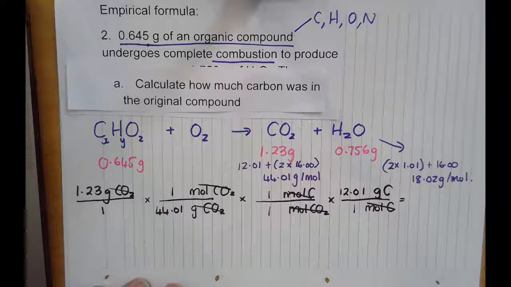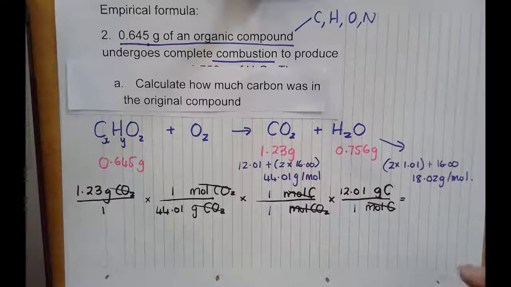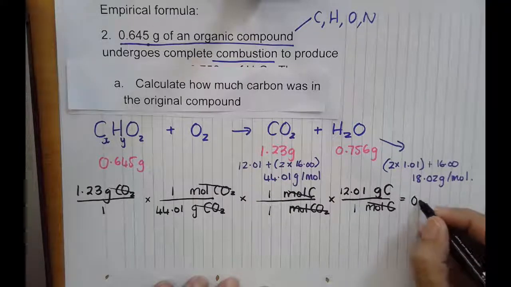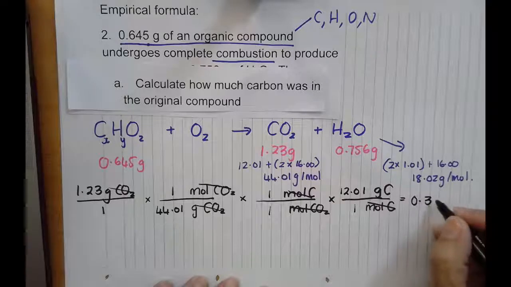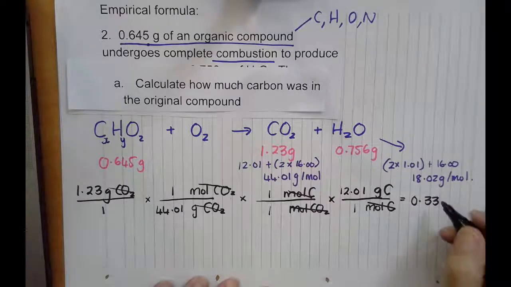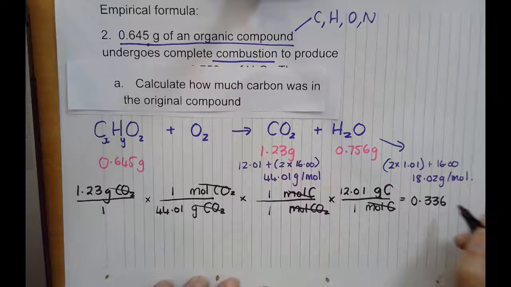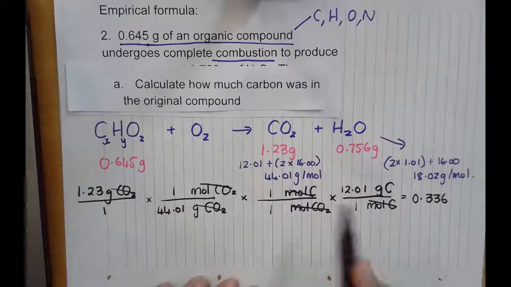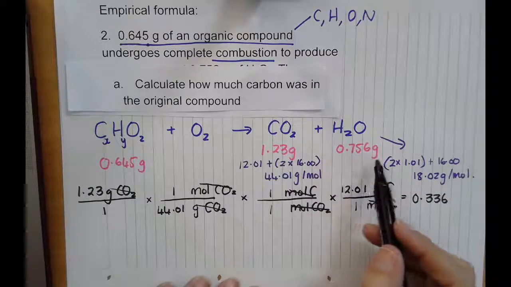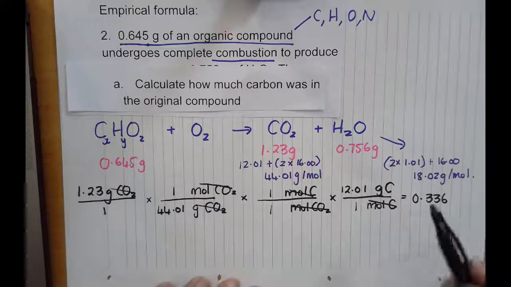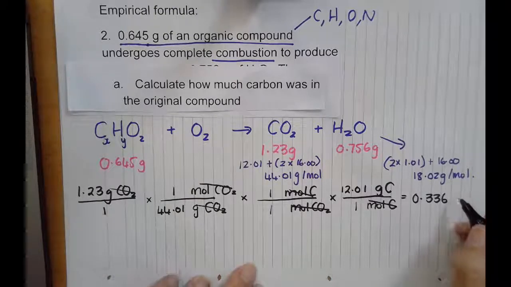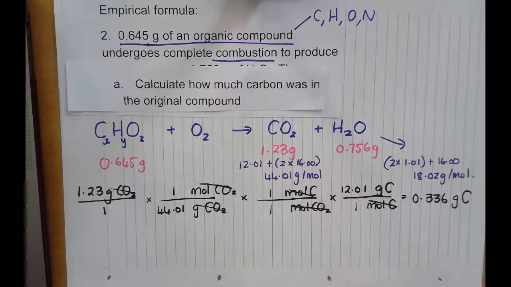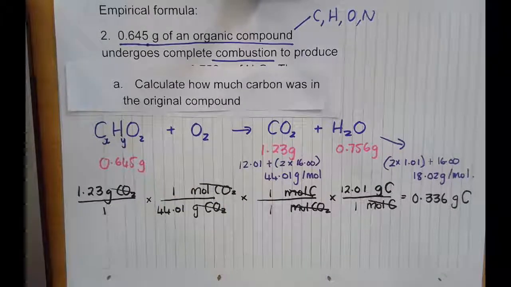If I put all of this into my calculator, I'm going to get an answer of 0.335 something, but I would round it to 0.336 because my answer has to be in 3 significant figures. I have 3 significant figures here, and 3 there, so my final answer must be 3 significant figures. And I've just determined how many grams of carbon is in this original amount.